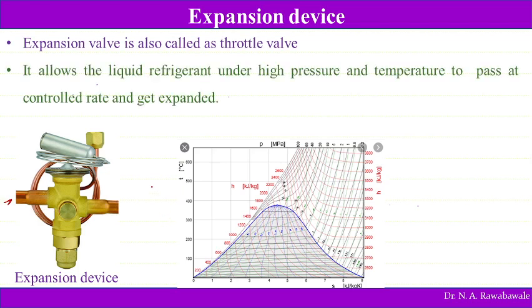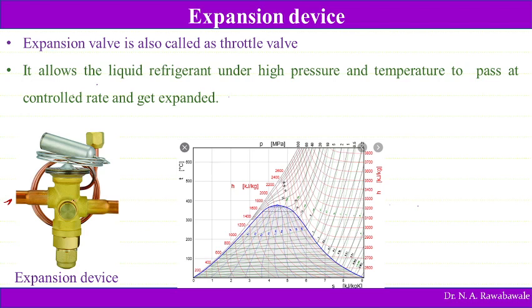So the high pressure refrigerant passes through the throttling valve. Throttling is nothing but the passing of a refrigerant through a small opening.